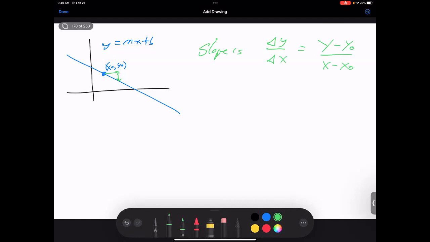I can write this as a vector. If I move x by 1, how much does y change? It changes by the slope.